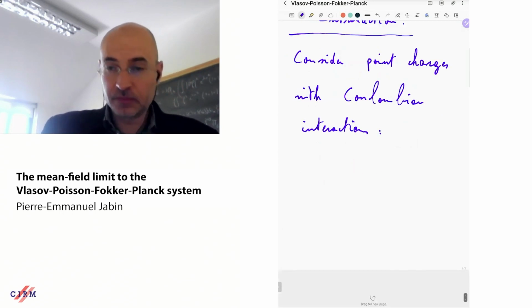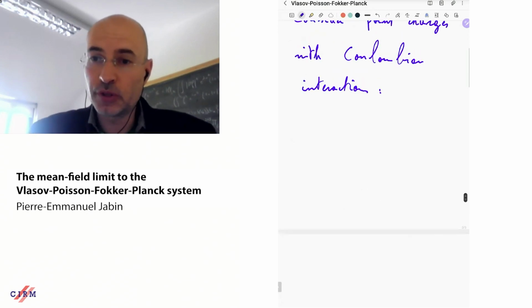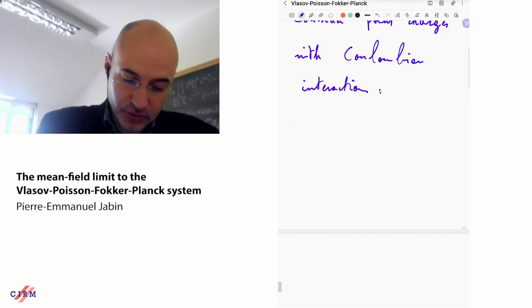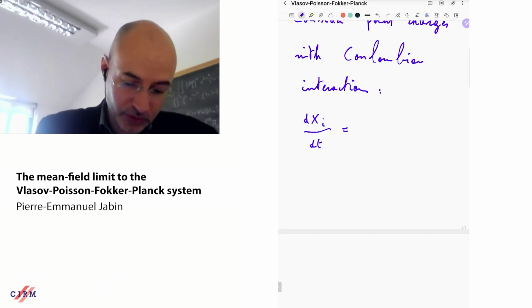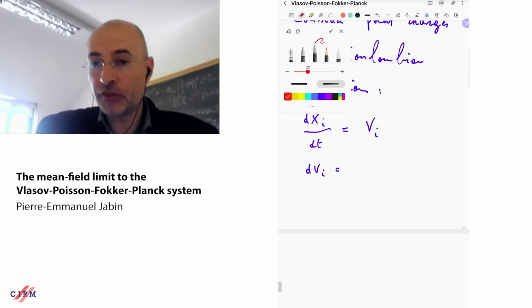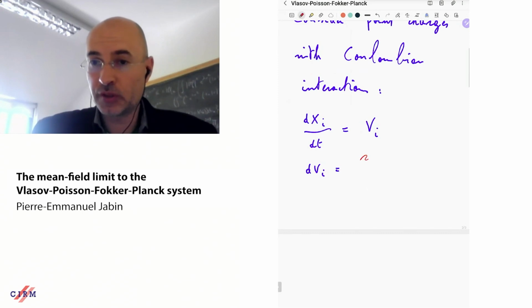And so typically, if we follow Newton's law and just use Coulomb force, this leads to the following very well-known many particle system, right? So the particles are described by their positions and velocity.